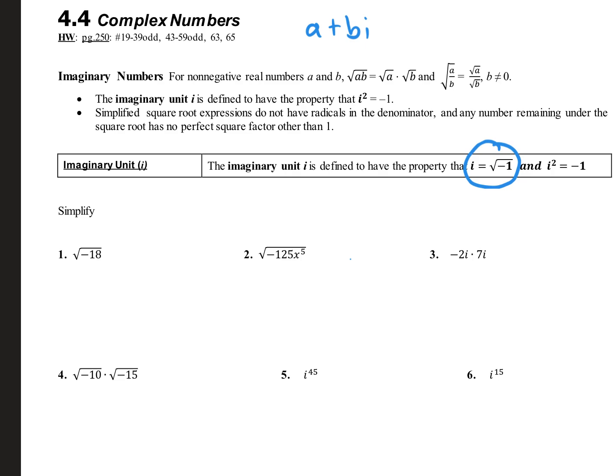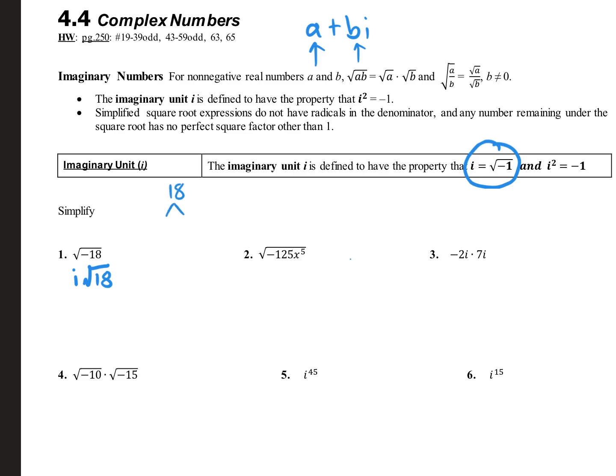So in this example right here, a is a real number, and then b is the coefficient in front of the imaginary number. All right, so when you're simplifying something with a negative radicand, you want to take out the i first. And now we could simplify radical 18 a few different ways.